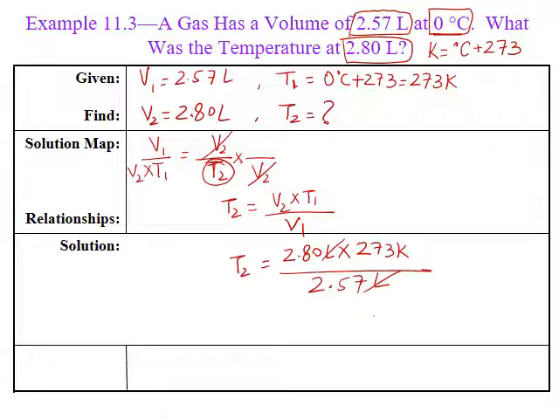Now let's plug all of these values into the calculator. That would be 2.80 times 273 divided by 2.57, which is 297.43 Kelvin. Now how many sig figs am I looking for? 1, 2, 3, 1, 2, 3. So my final answer is 297 Kelvin.